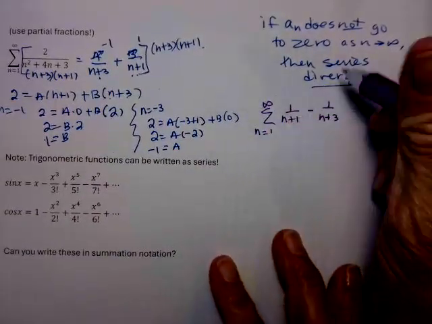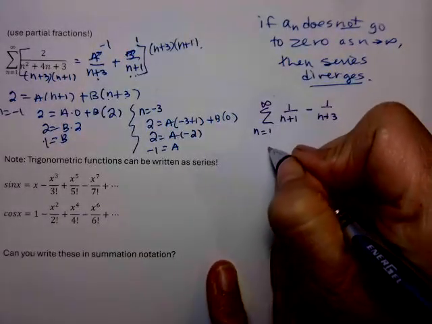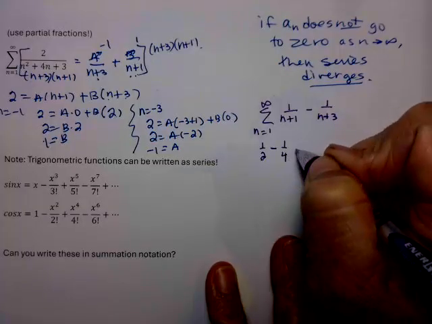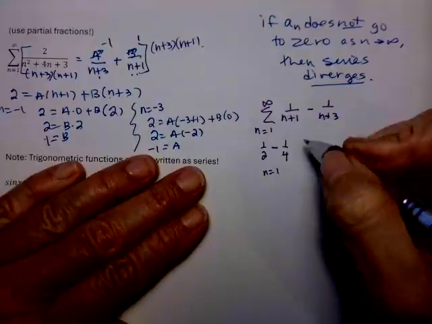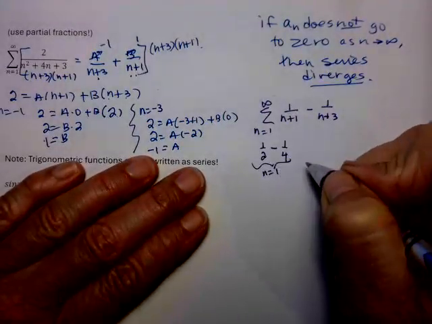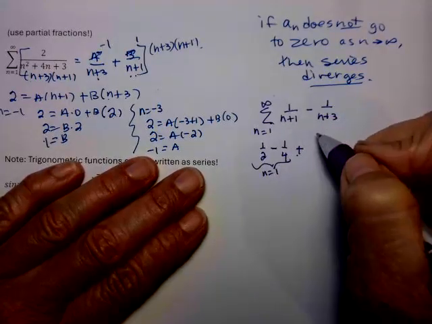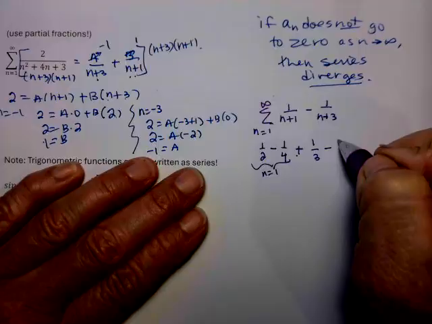So some initial work, and now we're going to write out a couple of terms. N equals 1 gives me 1/2 minus 1/4. There's our n equals 1. N equals 2, so plus because of the summation, I get plus 1/3 minus 1/5.